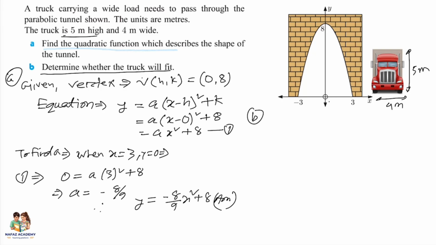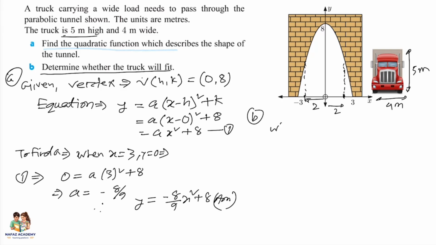Otherwise the truck can't pass through the tunnel. So from the middle, I take a total of 4 meters wide, 2 meters left and 2 meters right, and what is the height above this 4 meter width? There is a vertical line for height.